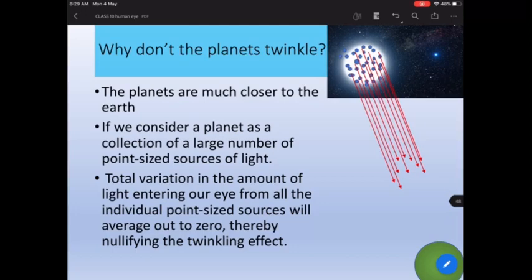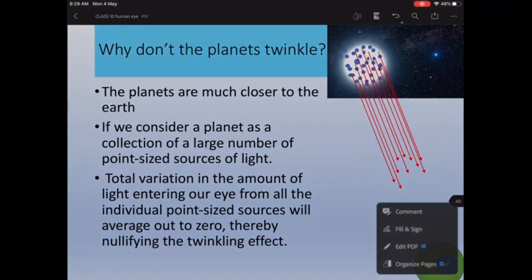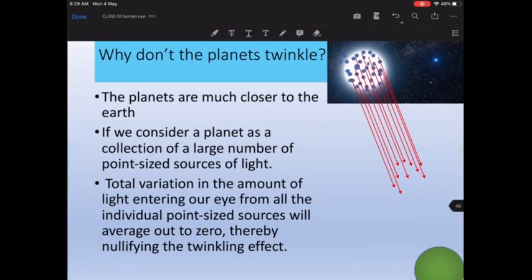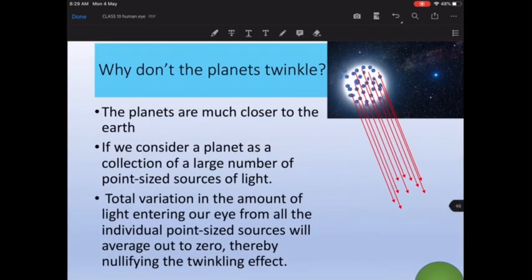Stars twinkle, we know that, at least they appear to twinkle. But why do the planets not twinkle? The first point, as I told you in the previous case also, is that the planets are much closer to the surface of the earth as compared to the stars.